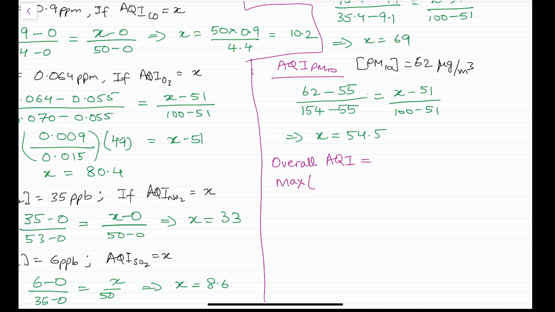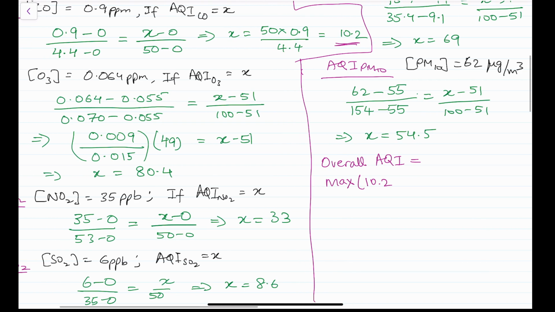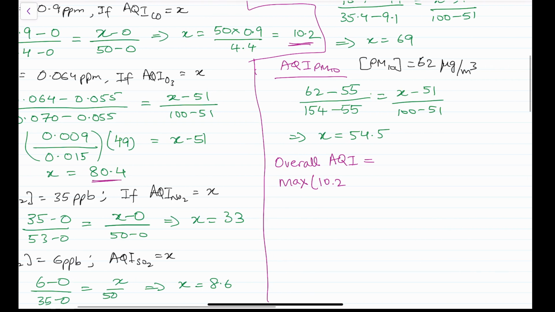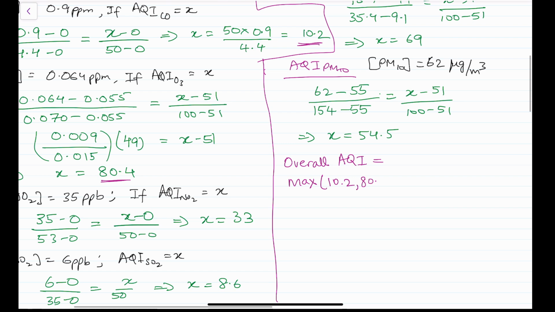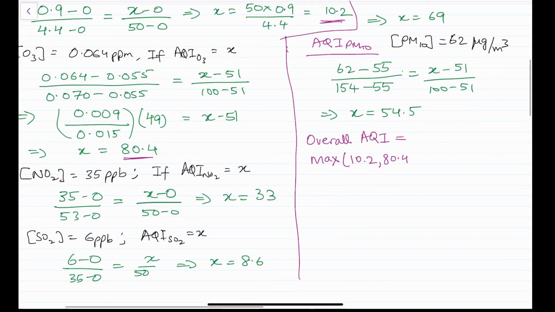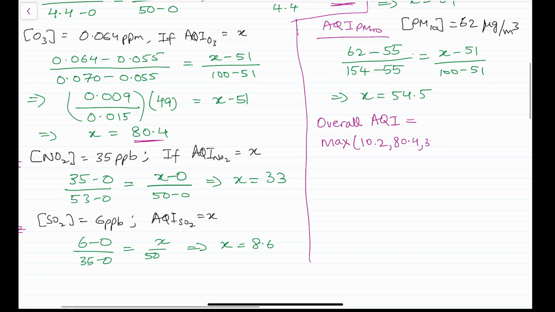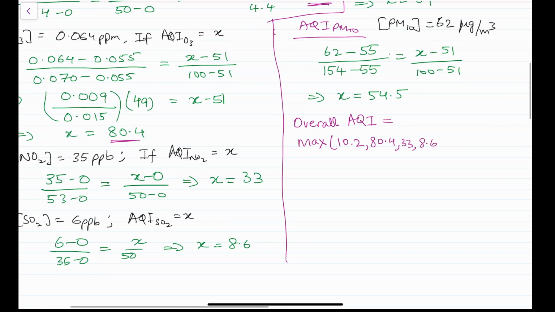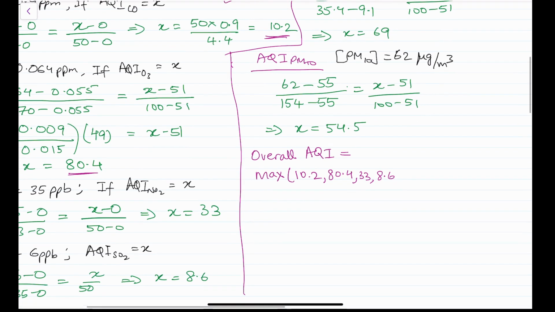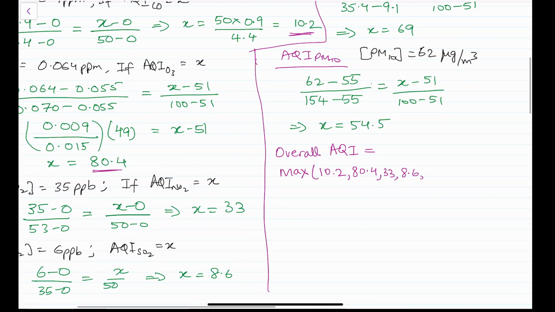So maximum of 10.2, 80.4, 33, 8.6, and then we had 69 and 54.5. So of all of these values, the highest value is 80.4, and that gets to be the air quality index.